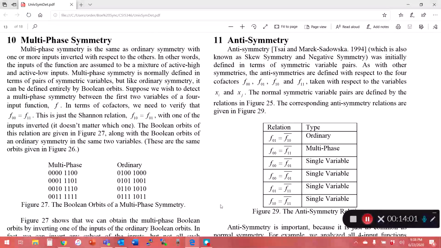And that's one of the reasons that I consider anti-symmetry to be the best term for this sort of thing, because just like when we're talking about anti-symmetry in relations, where you have symmetric relations, anti-symmetric relations, and so on, what we're talking about here is the total absence of symmetry, if you will.